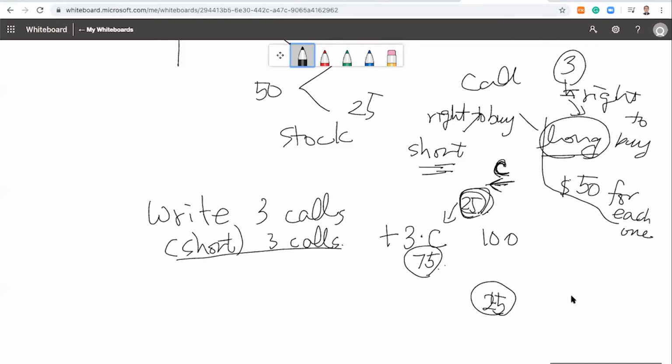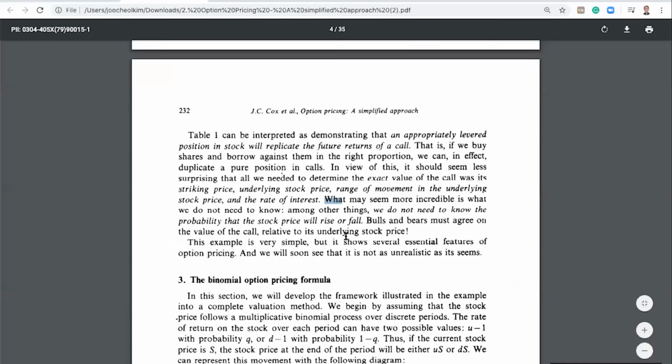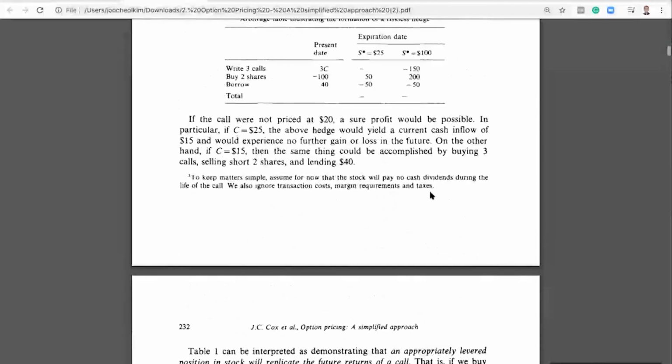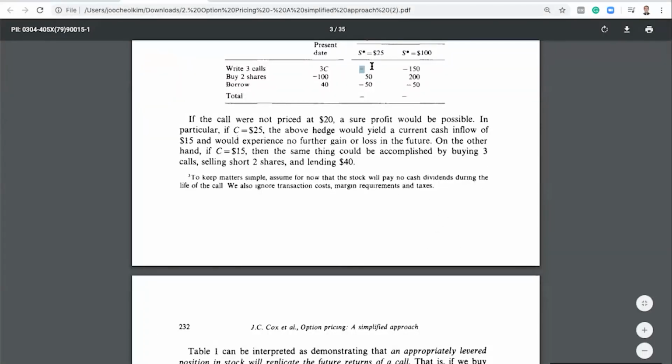If you are in a long position, you will get 25 minus 50 times 0, which is 0. So if you're on the long position side, you will get 0. That means when you are in a short position, you owe $0. So that's why we have 0 here for the $25.